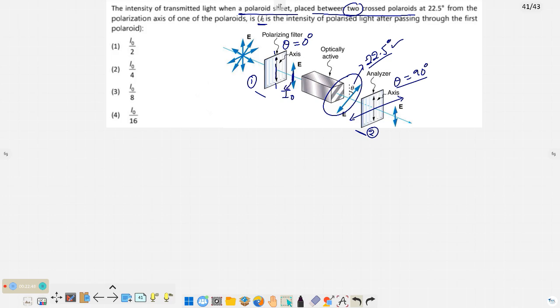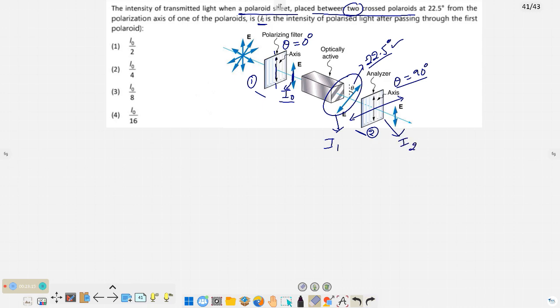Practically this becomes I naught by 2, as we learned in theory, but here they have already given I naught. So when the light passes through the first Polaroid, the intensity is I naught, after passing through the second Polaroid the intensity is I1, and after passing through the final Polaroid it is I2.